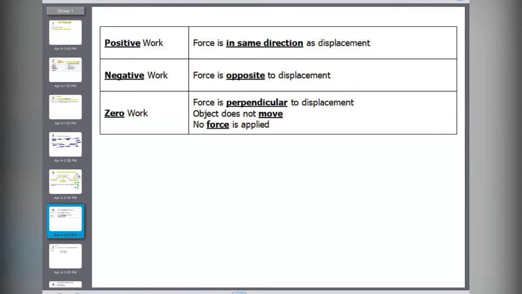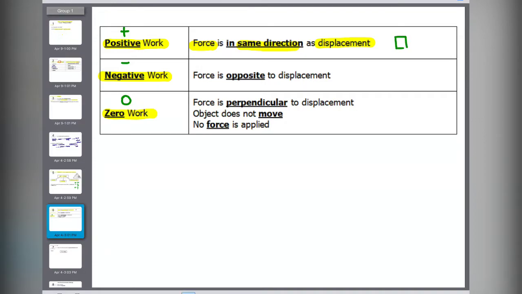All right, more definitions. So these I would assume to be multiple choice types of question or written types of question. Okay, there are 3 types of work: positive work, negative work, and zero work. Definition. Okay, what does it mean by positive work? It's when the force is in the same direction as the displacement.